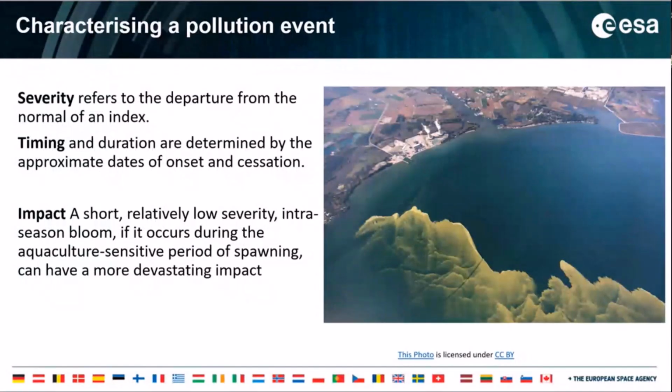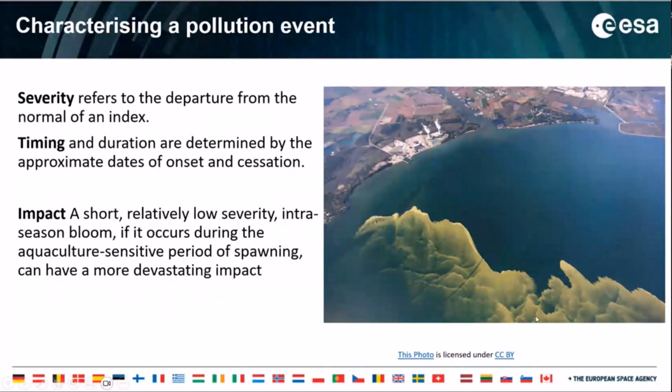So I use these indices, and these indices are related to what we call optically active constituents, those constituents in the water, suspended and dissolved, that affect the light field due to processes like scattering and absorption. And this is a very nice photo.